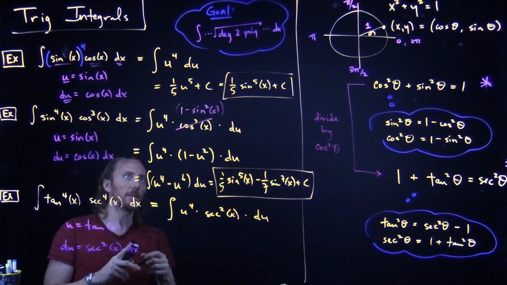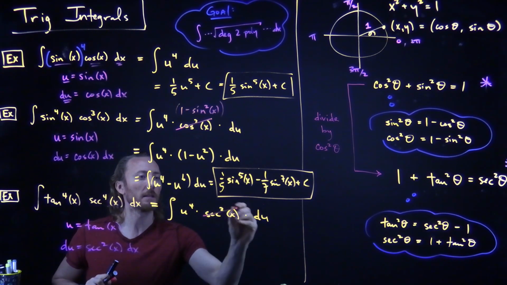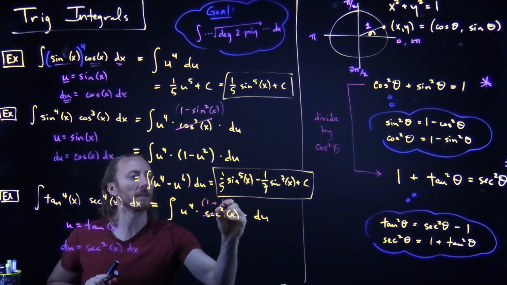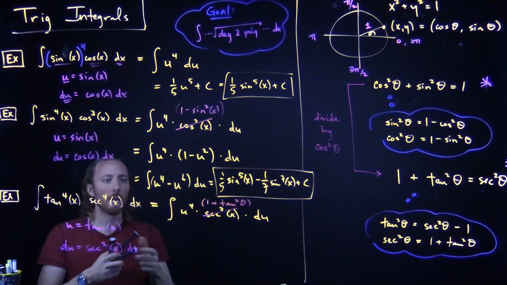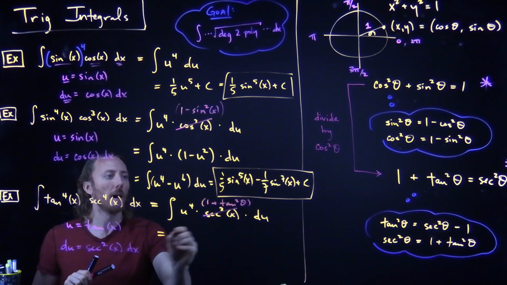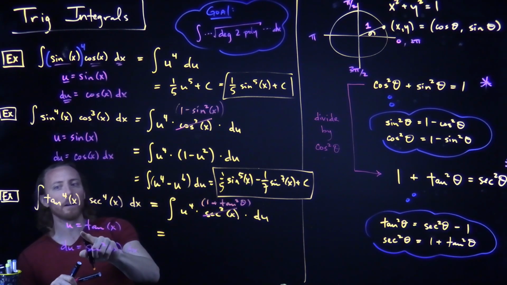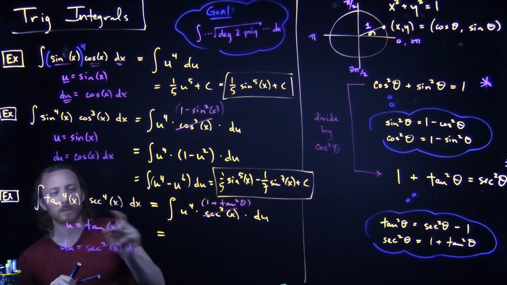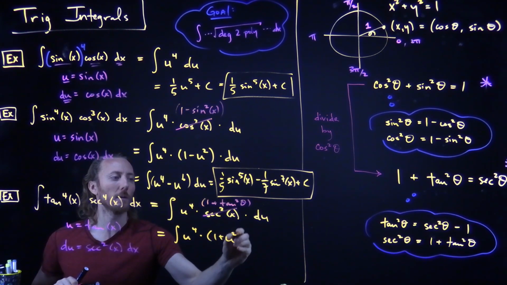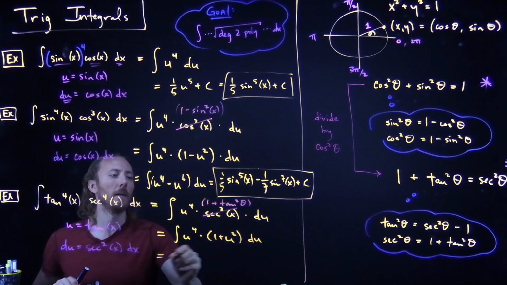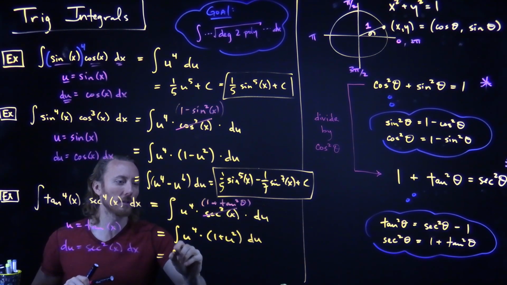How are we going to deal with that secant squared? Well, we're going to utilize our trig identity to replace the secant squared with 1 plus tan squared. That's just from the right hand of the slate here. And then put it all together. Replacing 1 plus tan squared with what it would be in terms of u, that's 1 plus u squared. We'd have the integral of u to the fourth times 1 plus u squared du. No product rule for integration, but so be it.